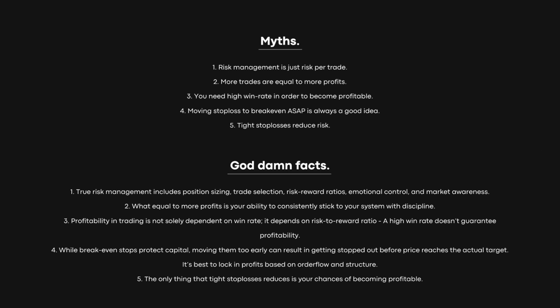What really leads to more profits isn't taking more trades, it's being able to consistently follow your rules, and it's your ability and your competency regarding whether you can consistently stick to your system or not, right? That consistency, that discipline is your edge. And those things equal more profits.